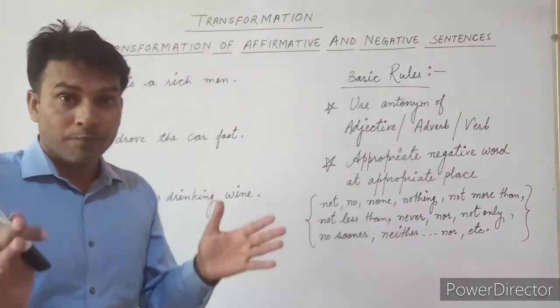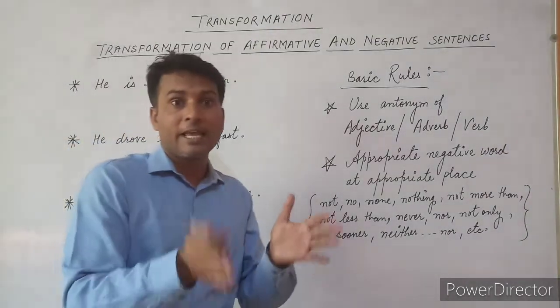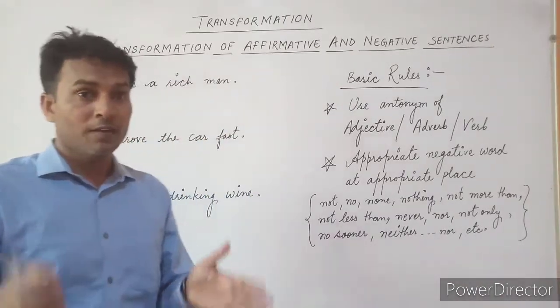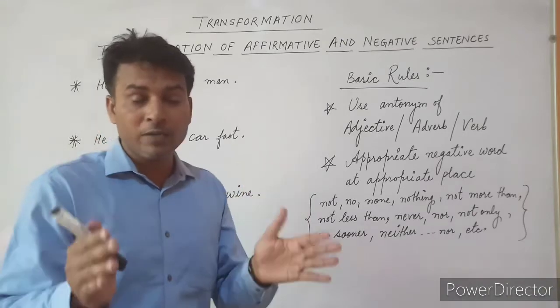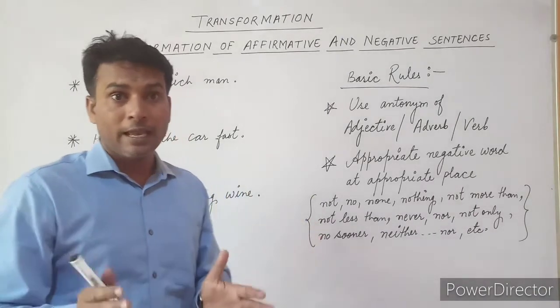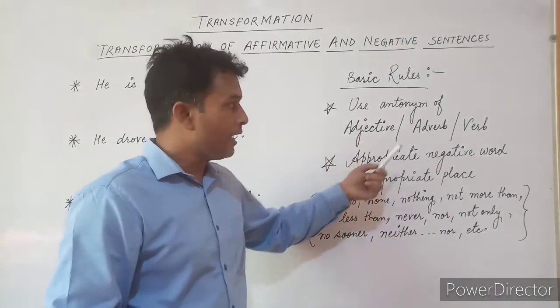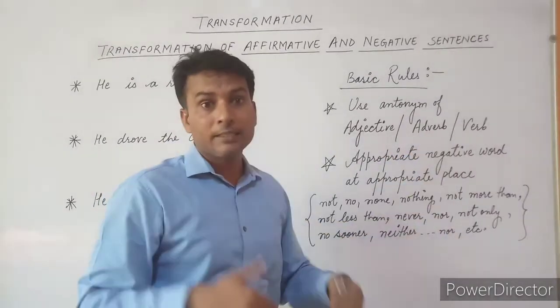Students, before changing any affirmative sentence into a negative sentence, first and foremost, we need to understand the meaning of the sentence properly, and we need to trace or find out the adjective, adverb and verb in that sentence.